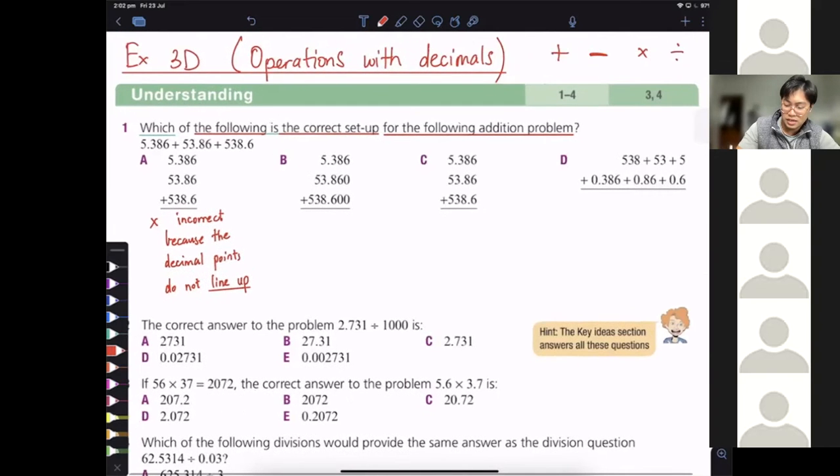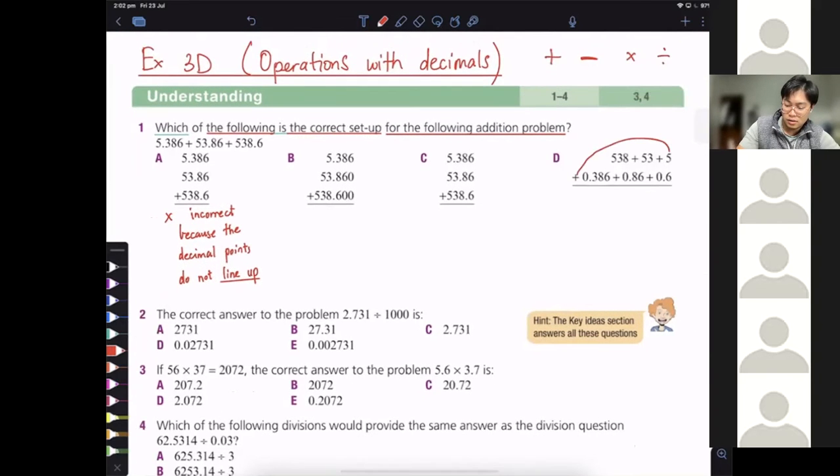If you have a look at D here, this one here is also incorrect. We don't want to write it like that. The reason is because it is not stacked vertically.